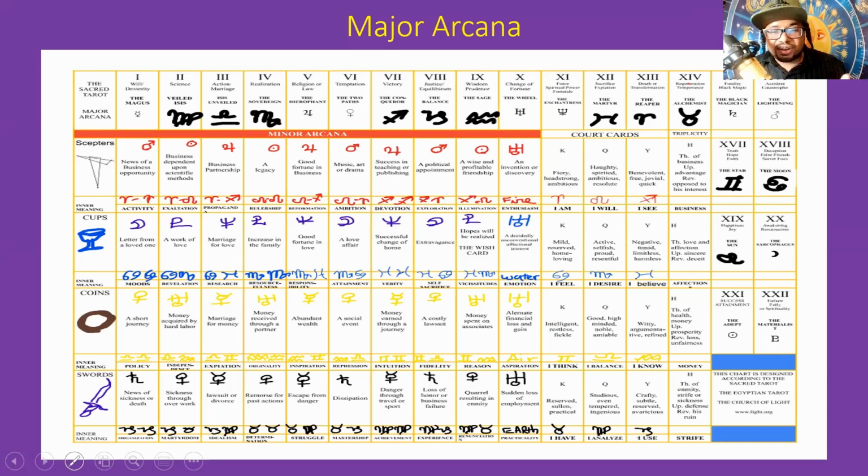This is a little bit different than some of the other ones. I updated it from the one in the handout. What you will see that's different inside this chart is that I included all of the planets that have the vibration on the minor arcana, as well as the decans for each one of the cards.